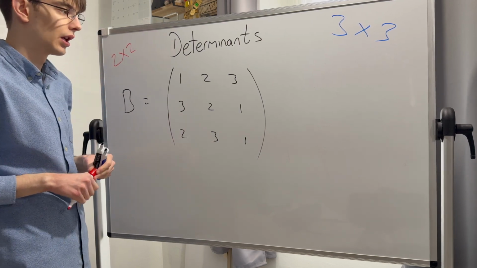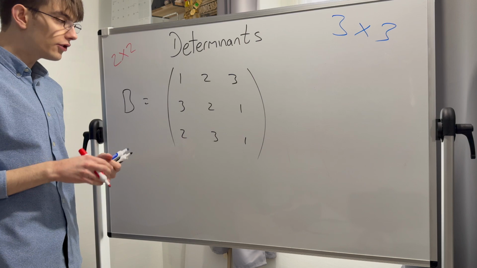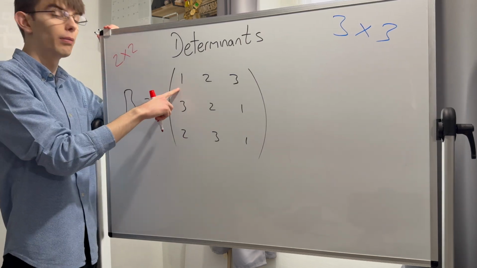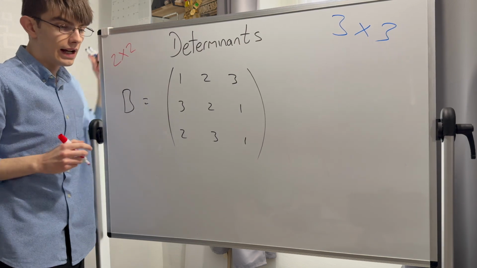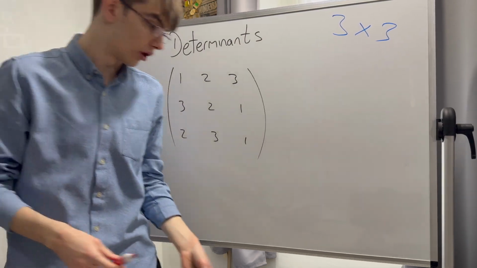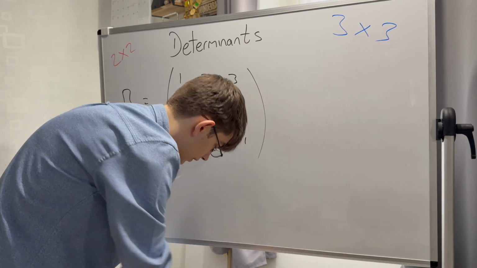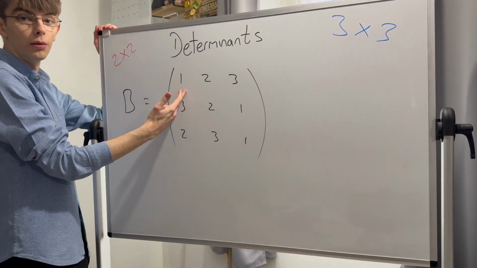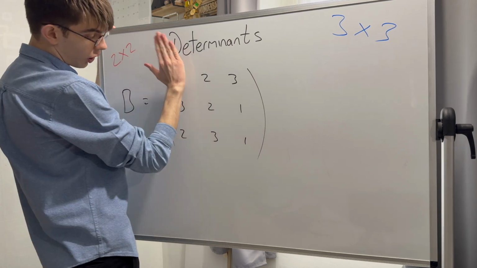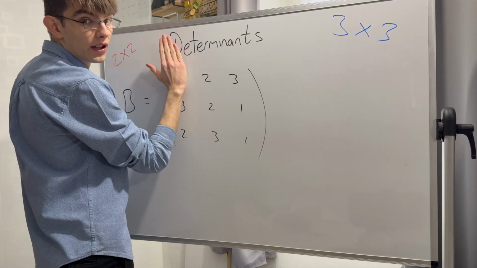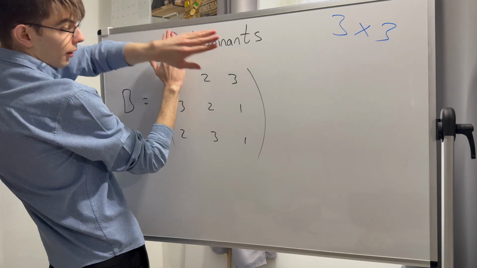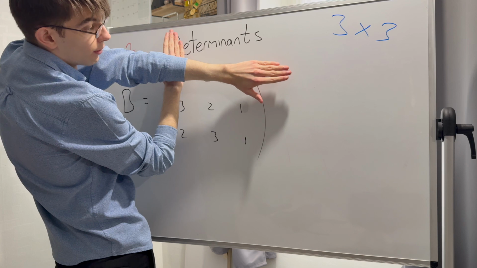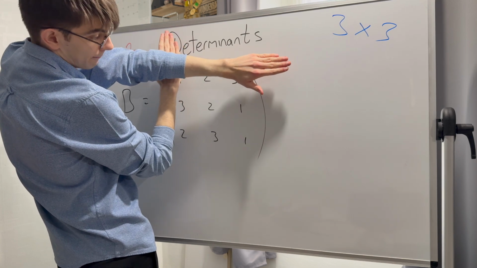So it wouldn't work. What we do is start off with my top left value. The easiest way to visualize this is to take my top left number and cover up the column that it's in, and then cover up the row that it's in. You'll probably look less stupid when you're doing this on a small piece of paper with some pens.